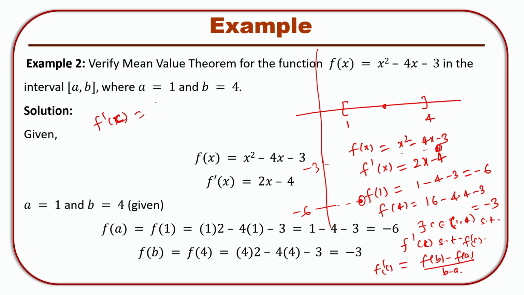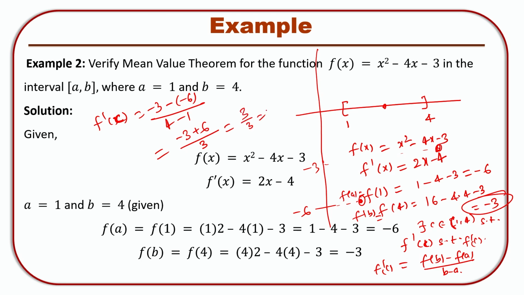What will be the value of f(b)? This is f(b), this is f(a). So f(b) equal to minus 3, f(a) equal to minus 6. So this is minus 3 plus 6 divided by 4 minus 1, which is 3 by 3, equal to 1.